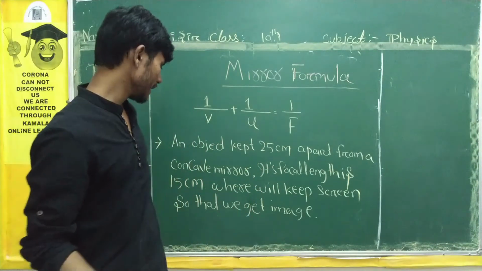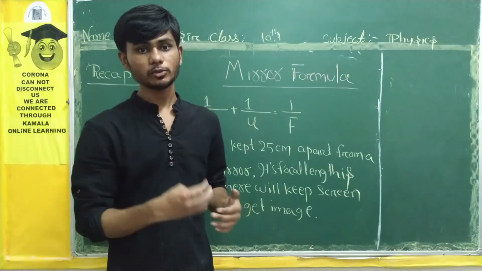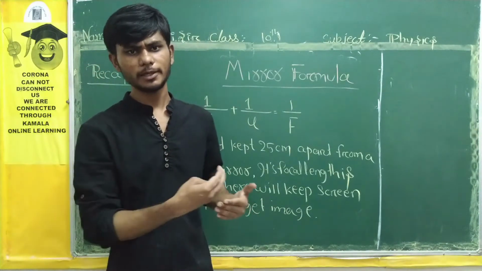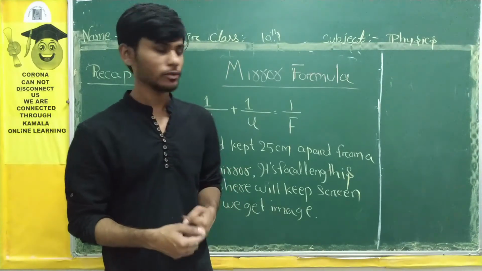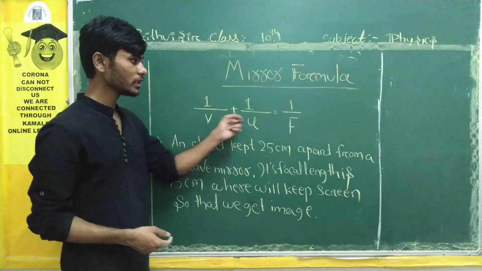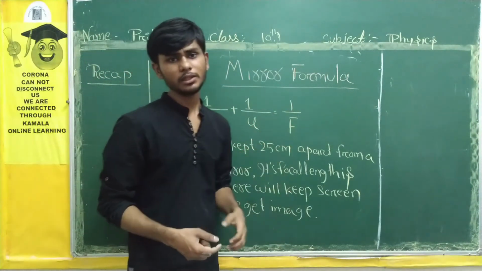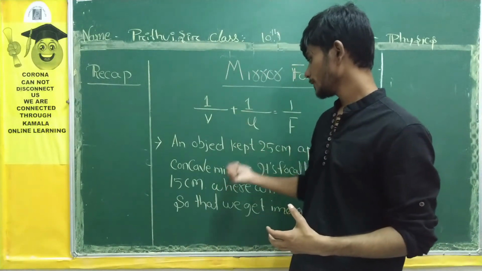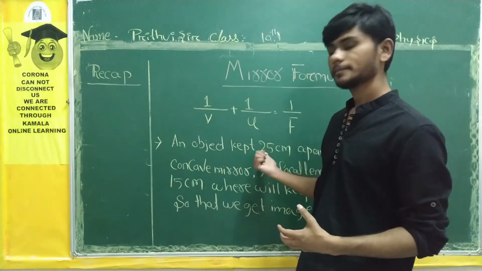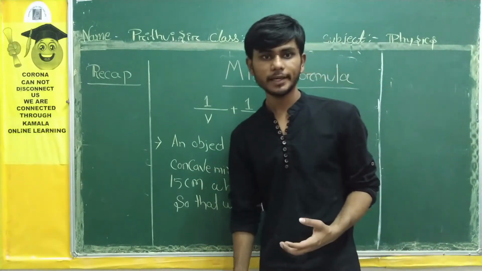At which place will we keep the screen? How can you determine it? You have to put the values in the formula: 1 by v, 1 by u, and 1 by f. Now you might have an idea, sir, if I directly keep the value of u, that is 25, and directly the value of f, that is 15, will it be correct?